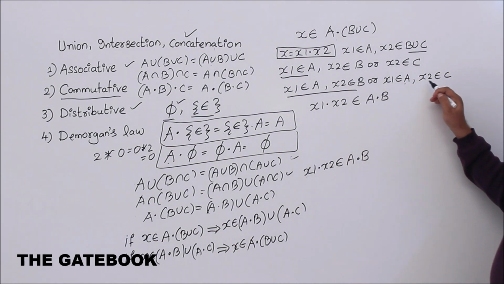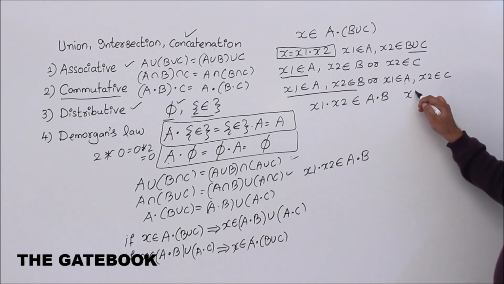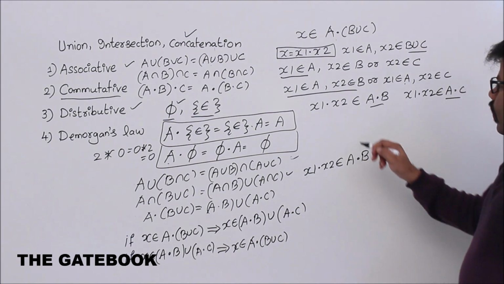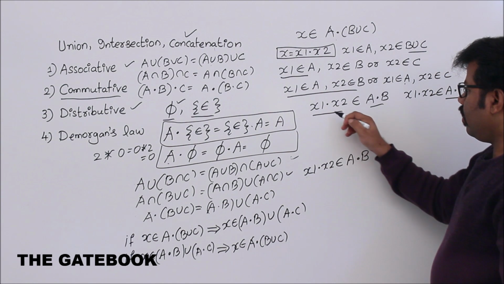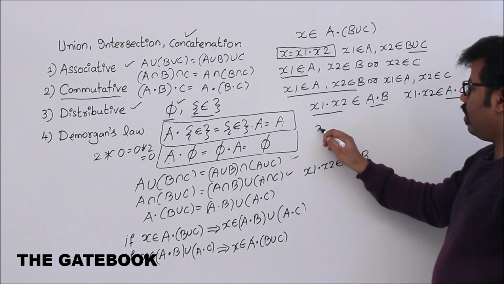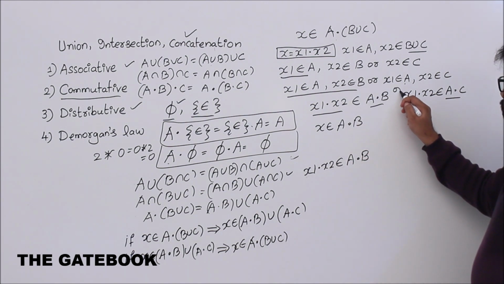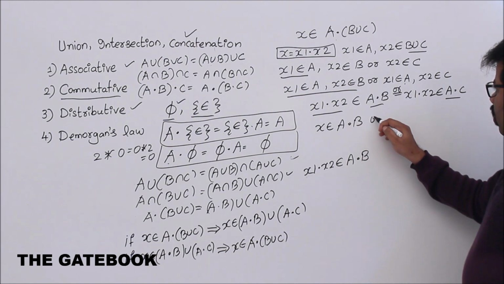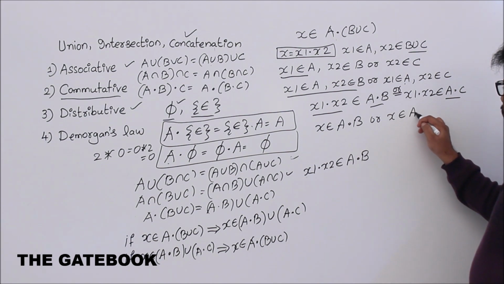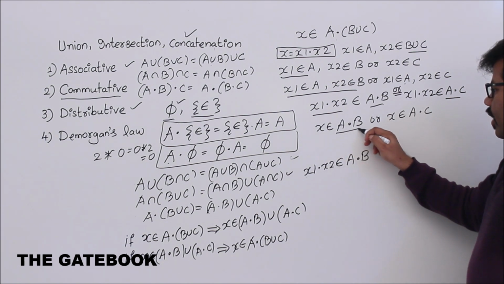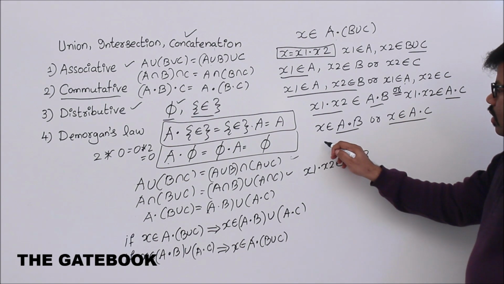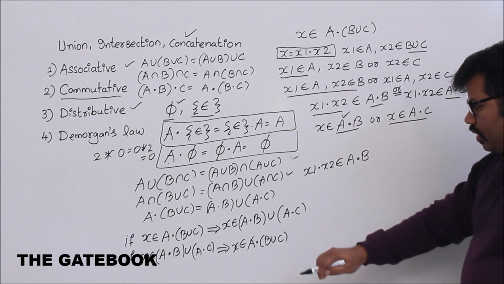Now x1 belongs to A, x2 belongs to C, then x1 dot x2 belongs to A dot C. That's the definition of A dot B and A dot C. Where x1 dot x2 is actually x, then x belongs to A dot B, or x belongs to A dot C. So finally we proved that x belongs to A dot B or x belongs to A dot C. So that's one direction. Yeah, we proved this direction.